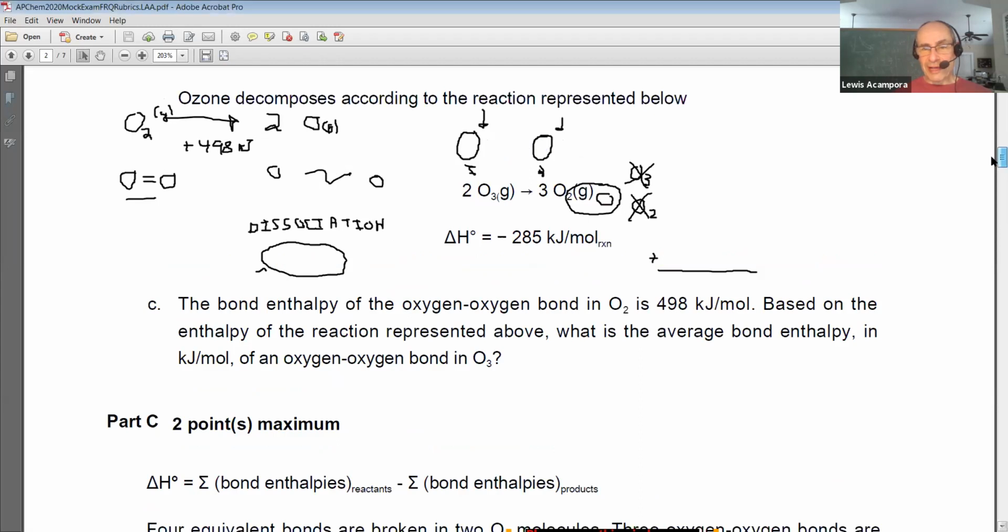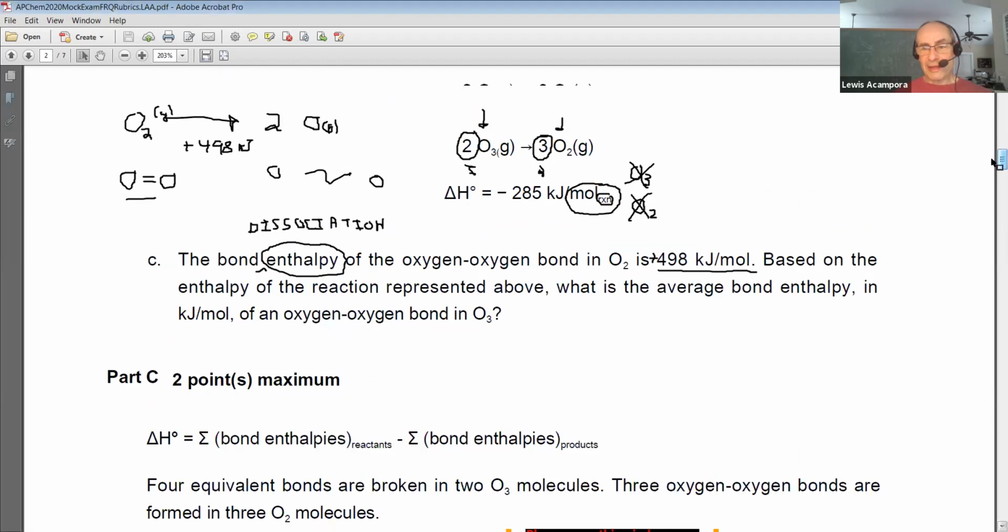The students are asked to calculate the average bond enthalpy of an oxygen-oxygen bond in O3, and essentially that means that the delta H of the reaction, this value here, comes from putting in enough energy to break the bonds in O3 and then forming the bonds in the product side O2.